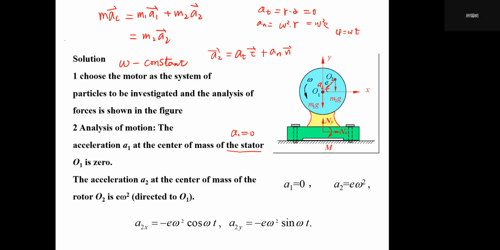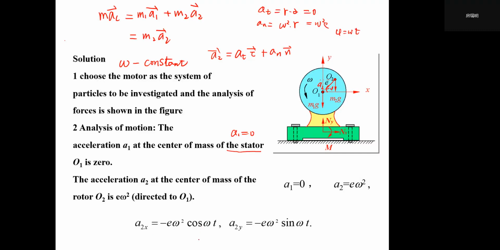But its direction is, if here is phi equal omega t, we have another added line here. So our A2 can be projected onto this x-axis, but it will be along the negative direction of x. So we have a minus sign. So A2x will be minus omega squared e cosine phi, because phi equal omega t.